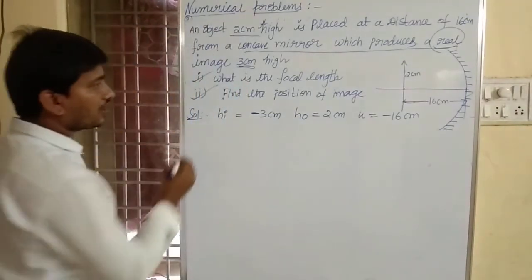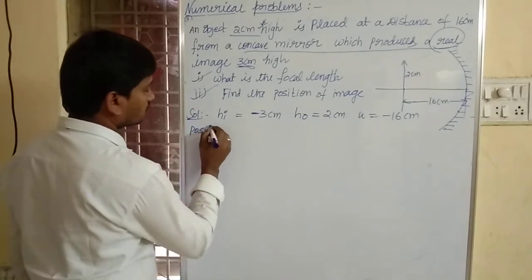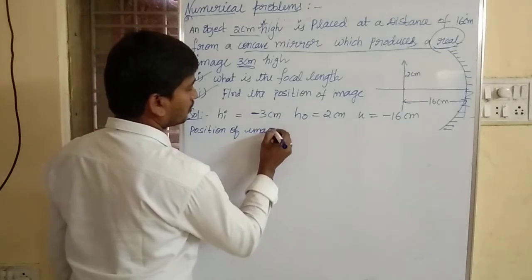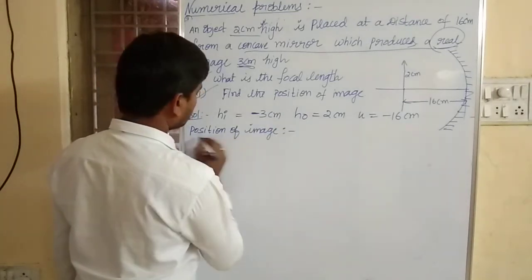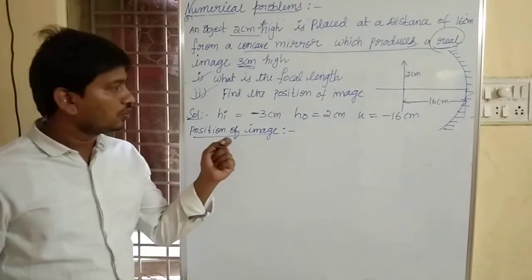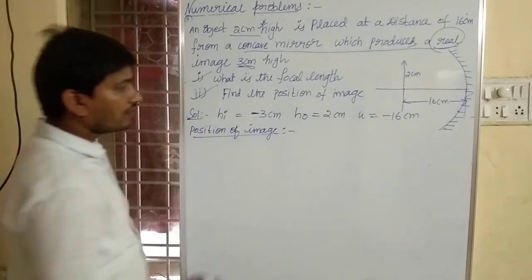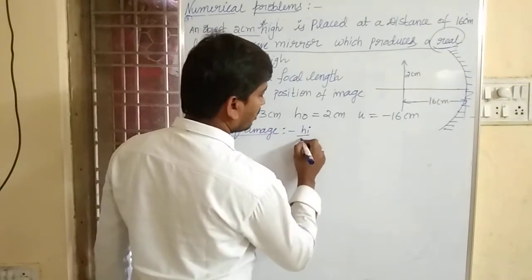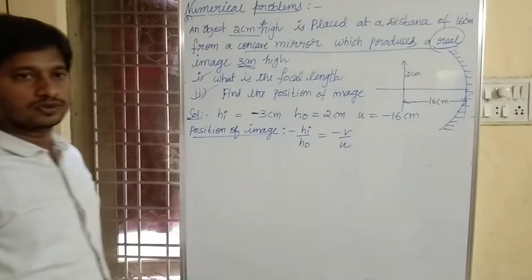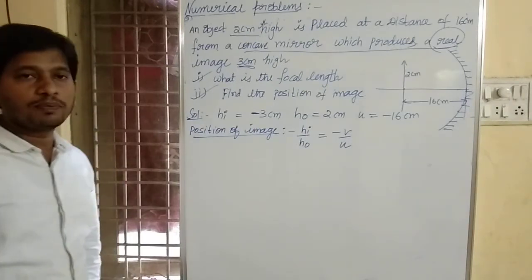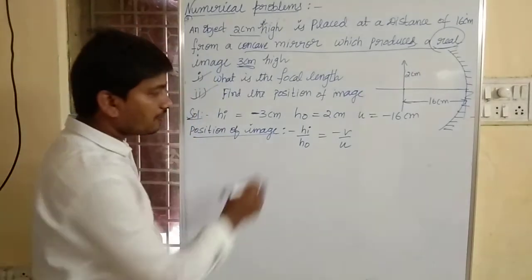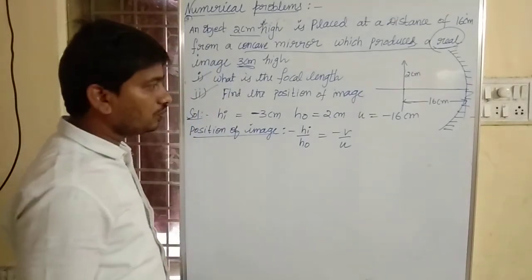First let us find out the position of the image. Using magnification, we have the formula Hi by H naught equal to minus V by U. For finding the position of image, where we will get the image, we can use this formula.